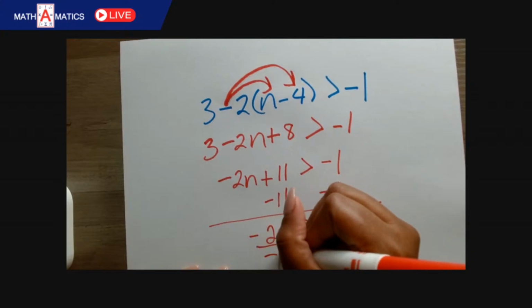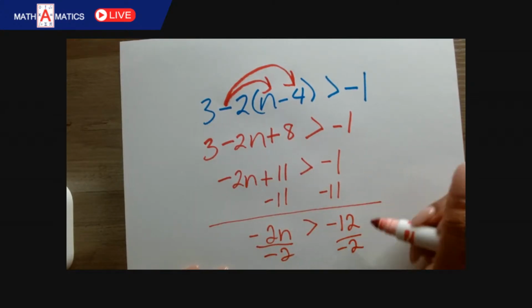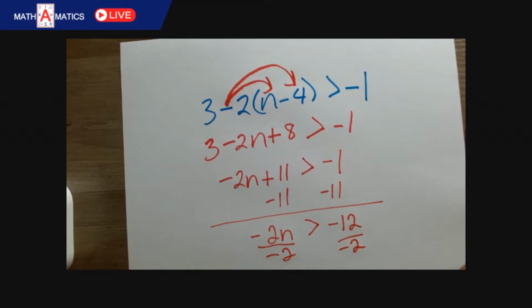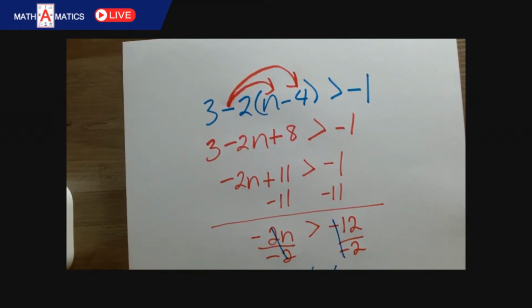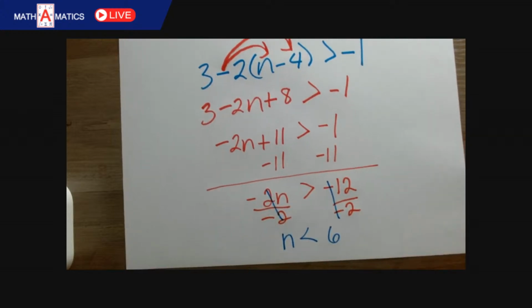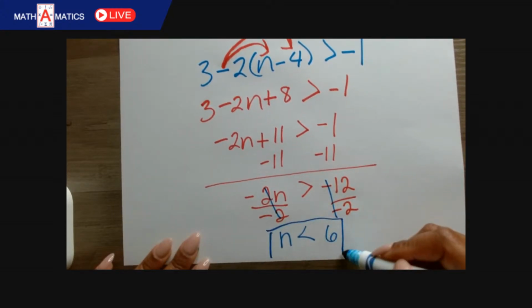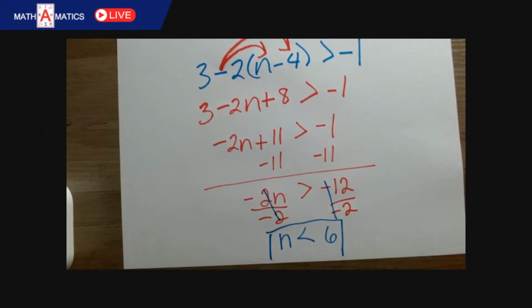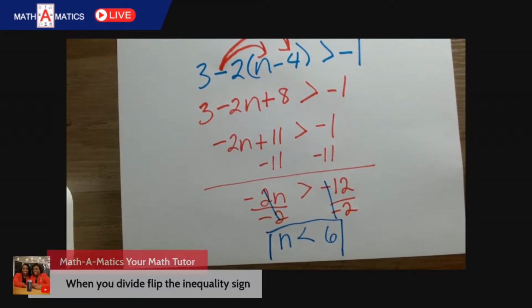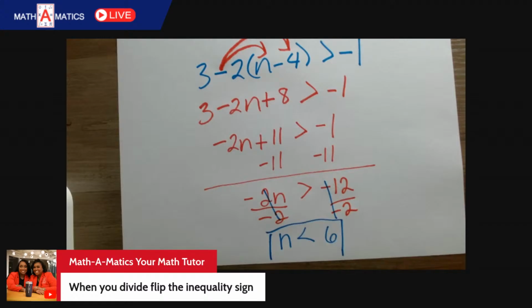And then we are going to divide both sides by our -2. And we said in our last problem, when we divide, we flip our sign. So we will get n is less than 6. And because we have negatives, those cancel out. Alrighty. So just like solving equations. Yes, when you divide, flip the inequality sign.